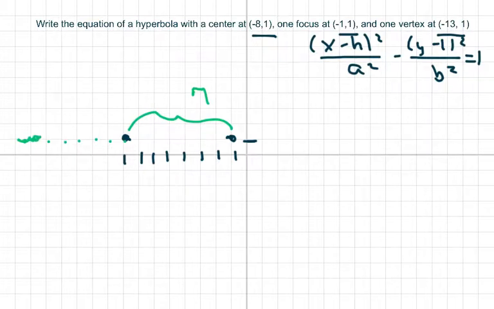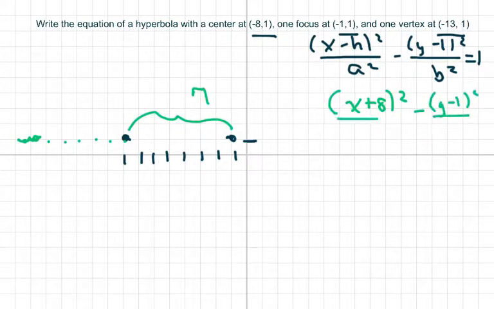So basically, when I start writing my equation, I write my center equals 1. And all we have to do is find the a squared and b squared. So we know what the foci is. We know that c squared equals 49, because c equals 7: we added 7 and subtracted 7.